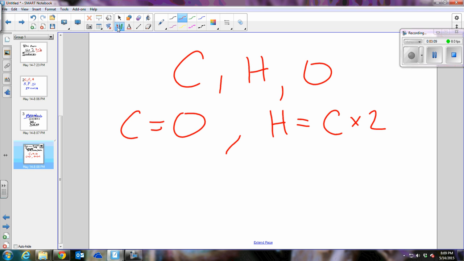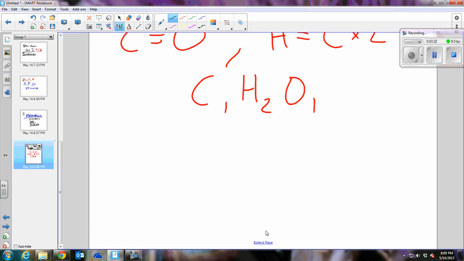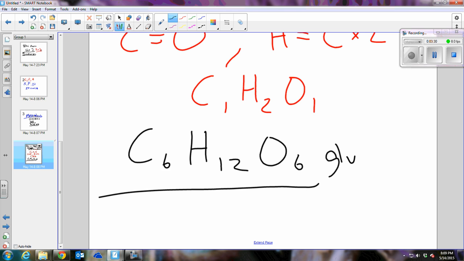Now, this isn't always the case, but normally it works itself out to where carbon, hydrogen, and oxygen are in a 1:2:1 ratio. So for instance, the chemical formula for glucose is C6H12O6. That's just a formula you need to know. Glucose, pretty important molecule. C6H12O6. You can see that regular formula there.